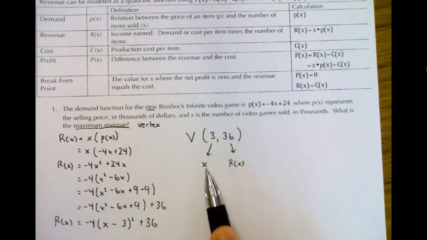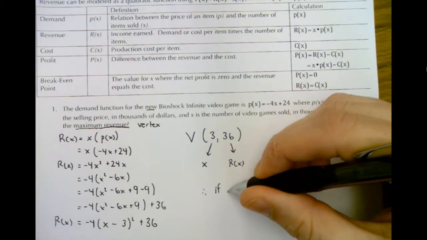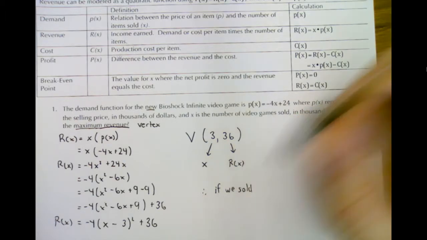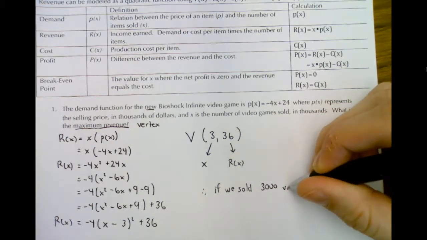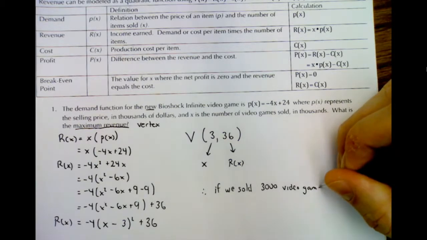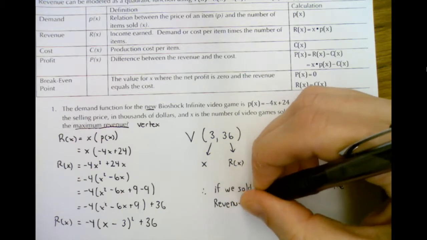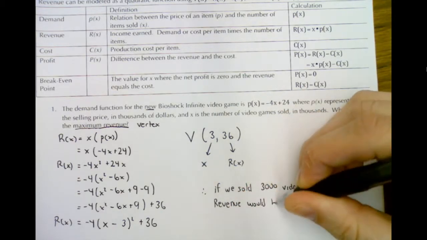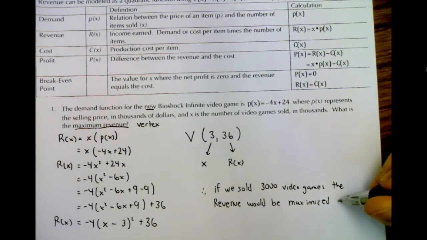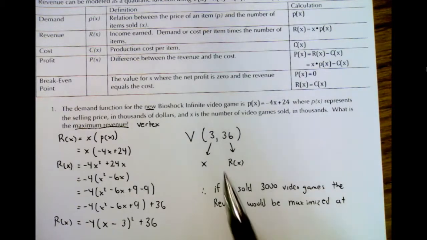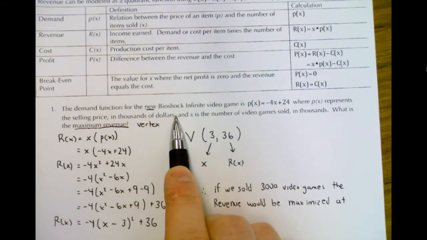So if we sold 3,000 video games, the revenue would be maximized at, and revenue was 36, and we're working in thousands of dollars because the selling price is in thousands of dollars.